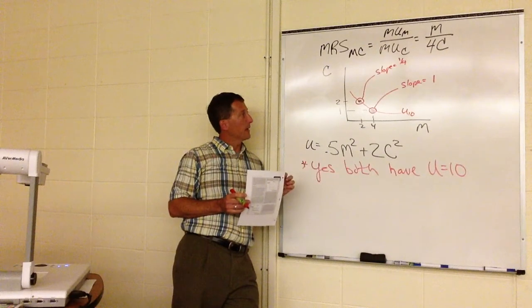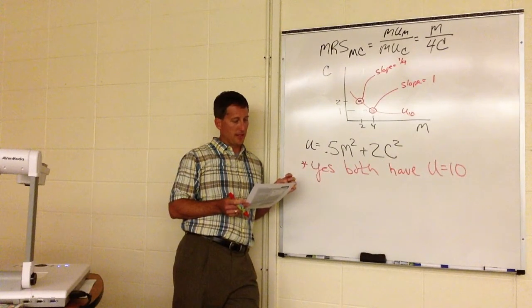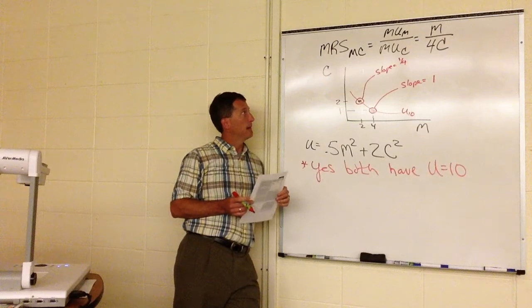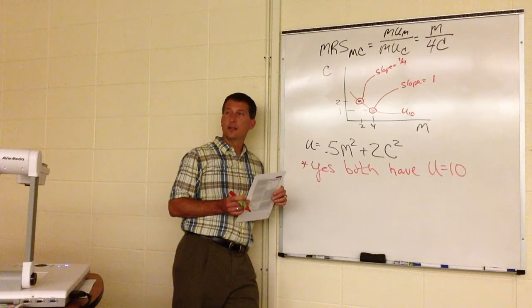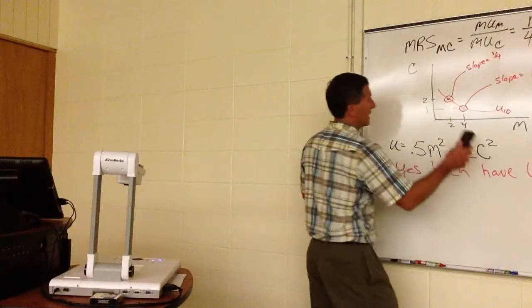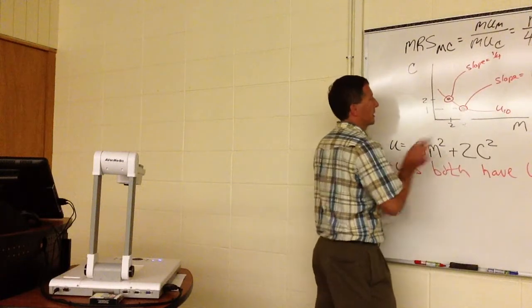So how do we deal with that? So part D kind of falls into this. Based on your answers to B, are Mariah's indifference curves convex? Slope of 4, slope of 1. At that point, I kind of misled you a little bit intentionally by putting the traditional look here.